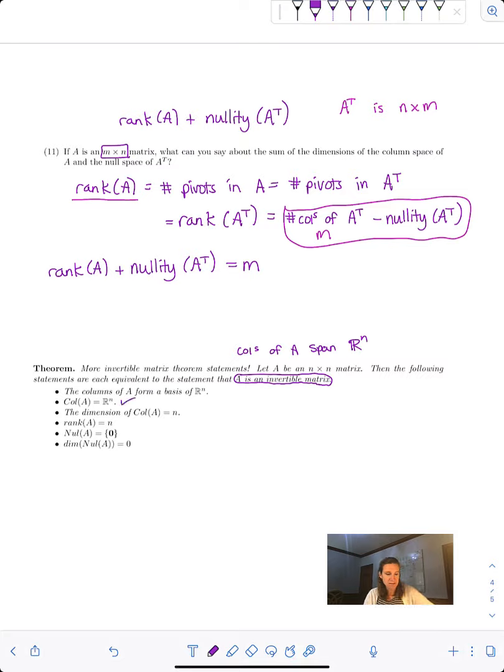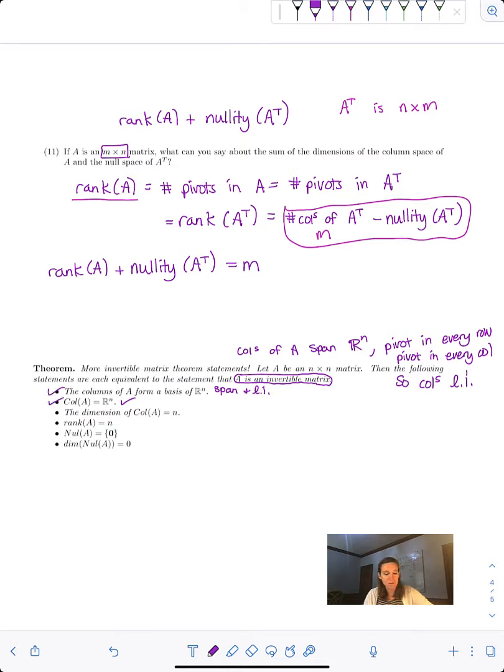And that means we have a pivot in every row. And since it's a square matrix, we have a pivot in every column. And so now we know the columns are linearly independent. We have that from our old invertible matrix theorem. And so we know that they form a basis because they span and are linearly independent.